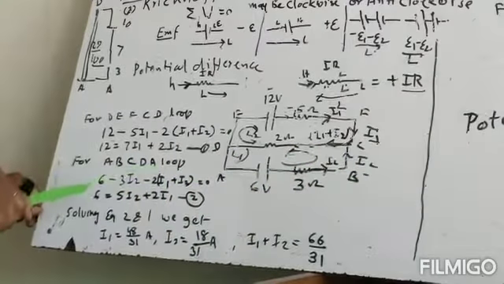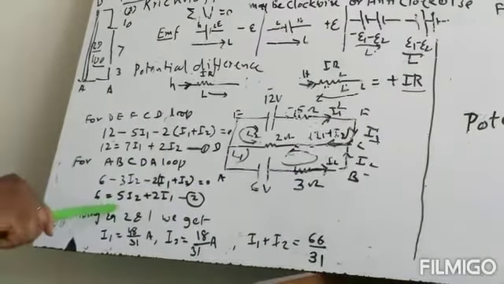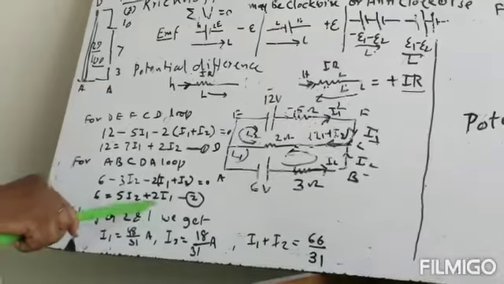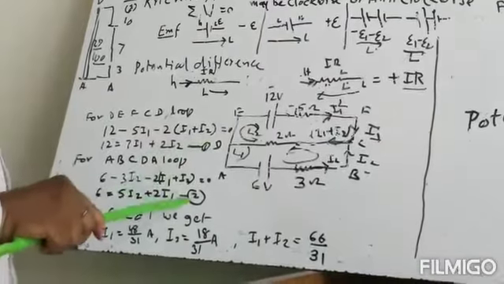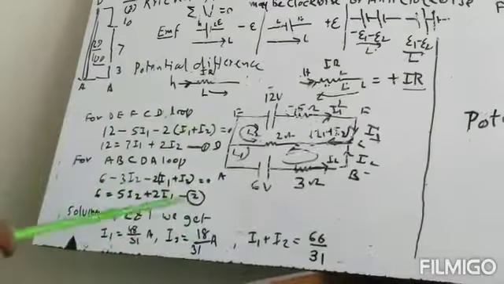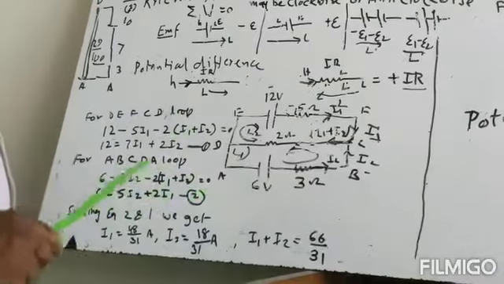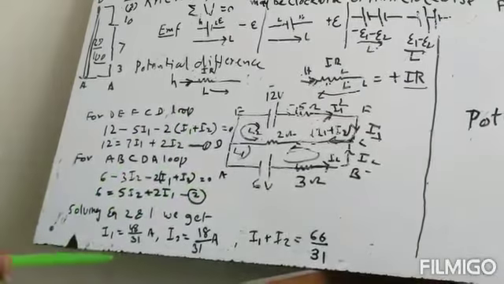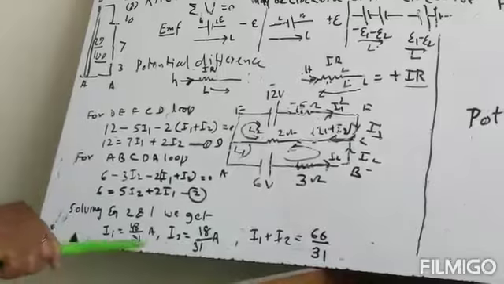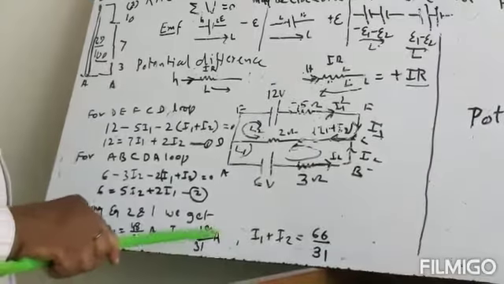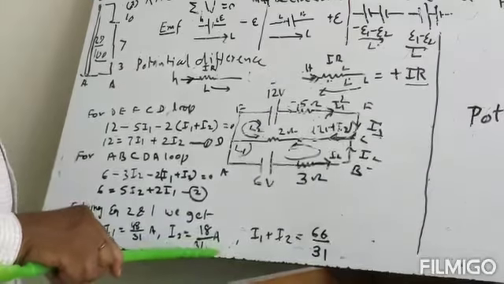If we solve it, 6 is equal to 5I2 plus 2I1. So these are two equations with two unknowns, I1 and I2. We can solve it and find that I1 is equal to 48/31 ampere and I2 is equal to 18/31 ampere.